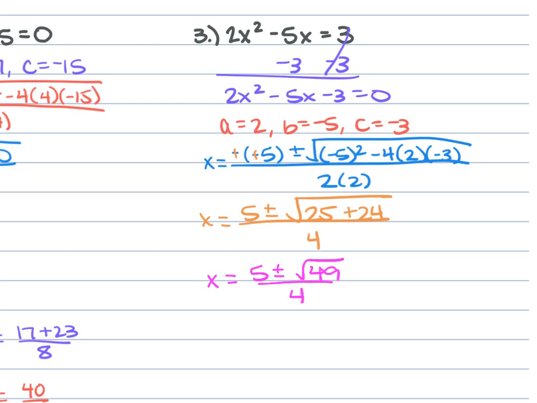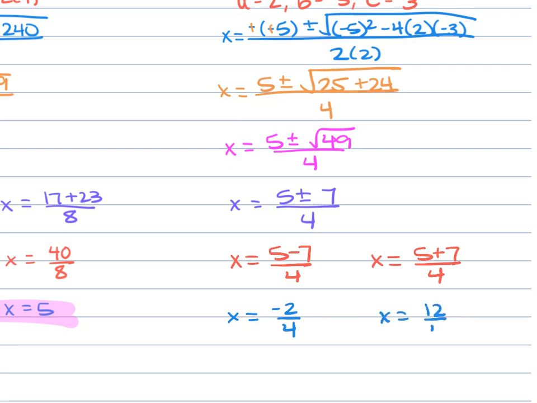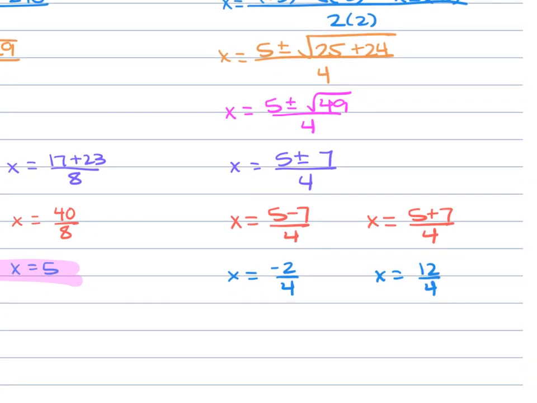The square root of 49 is 7, so x is equal to 5 plus or minus 7 over 4. This simplifies to be x is equal to 5 minus 7 over 4, as well as x is equal to 5 plus 7 over 4. So x is equal to negative 2 over 4, and x is equal to 12 over 4, which means that x is negative 1/2, as well as 3.